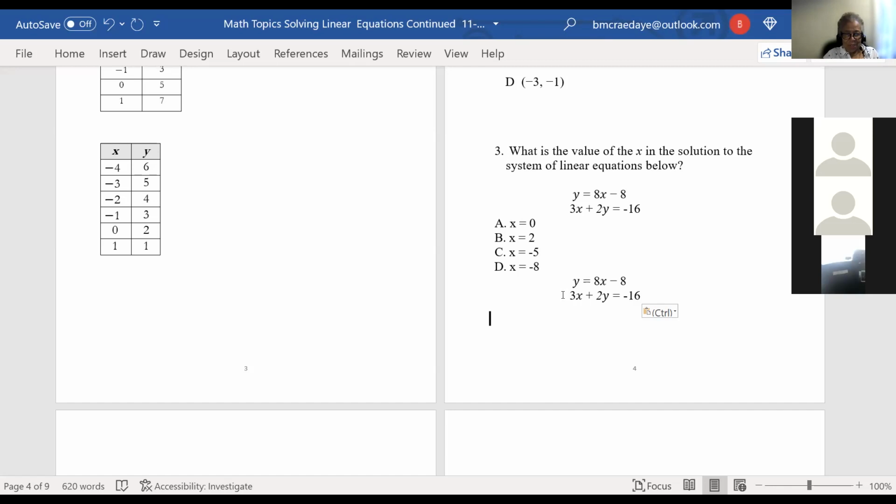So how would you eliminate, and what would you eliminate? X or Y? You have to eliminate X or Y. So what would you do to eliminate one of them? Eliminate X.